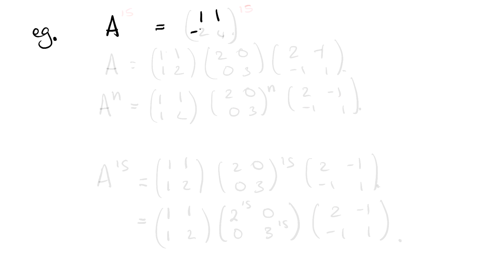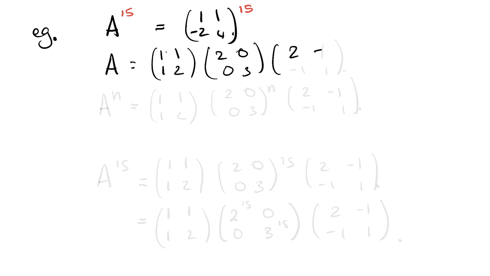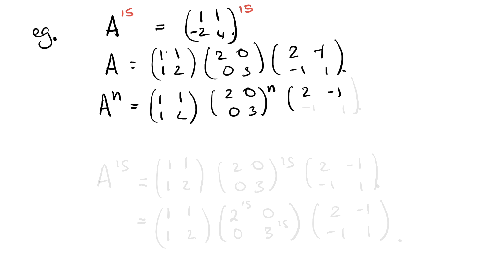Remember that A is equal to [1, 1; -2, 4] as above. We want to find, or at least figure out how to find easily, the 15th power of this matrix. So A, if you recall, is [1, 1; 1, 2] [2, 0; 0, 3] [2, -1; -1, 1]. And so A to the n is going to be [1, 1; 1, 2] [2, 0; 0, 3] to the n [2, -1; -1, 1].